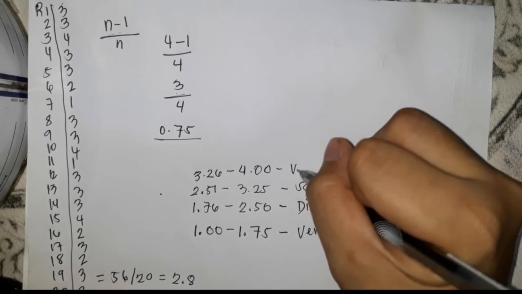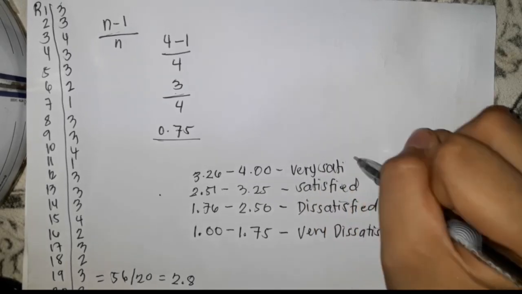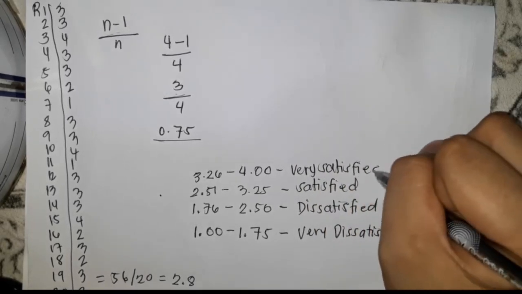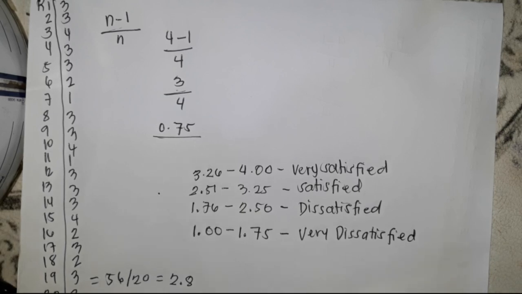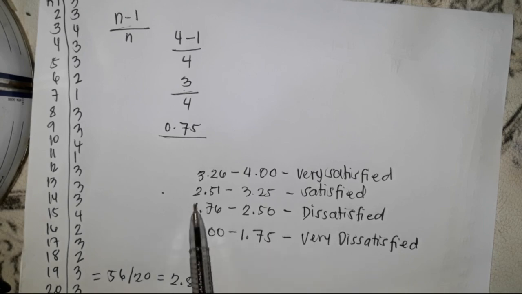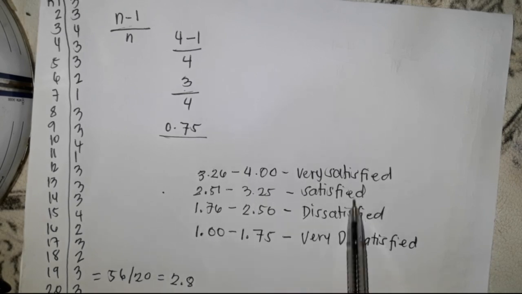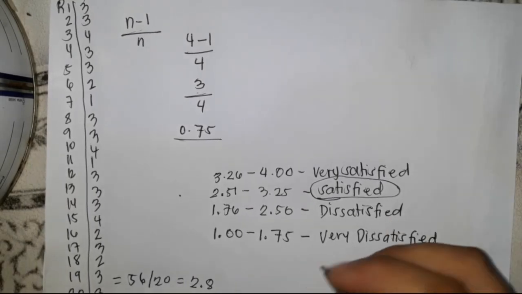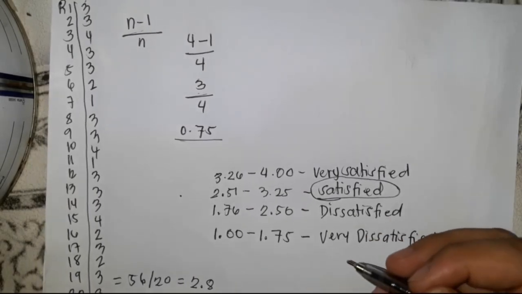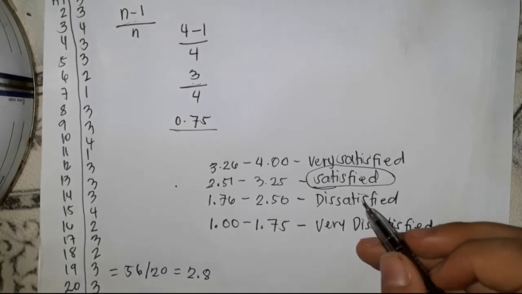Lastly is very satisfied. Now, for us to interpret this mean, we're going to identify where this mean falls. So 2.8 falls in satisfied. So our interpretation of the satisfaction of the students with the food served in the HTM Days Gala is satisfied.